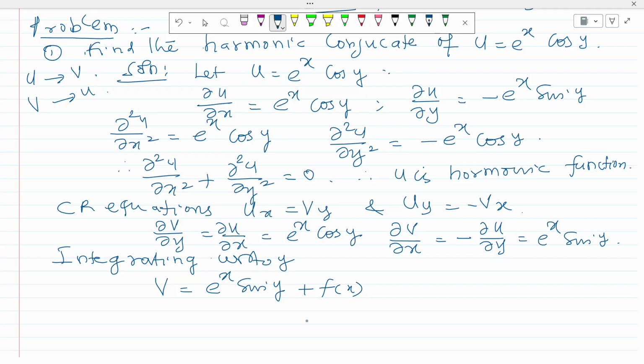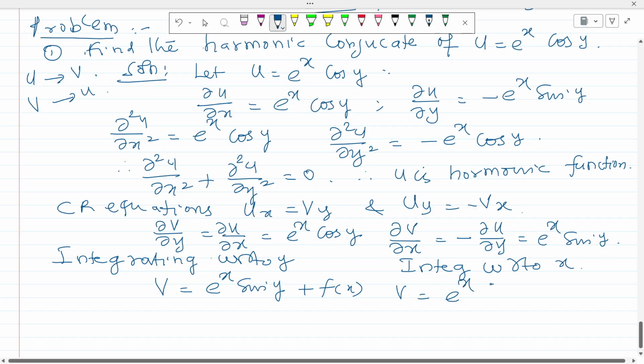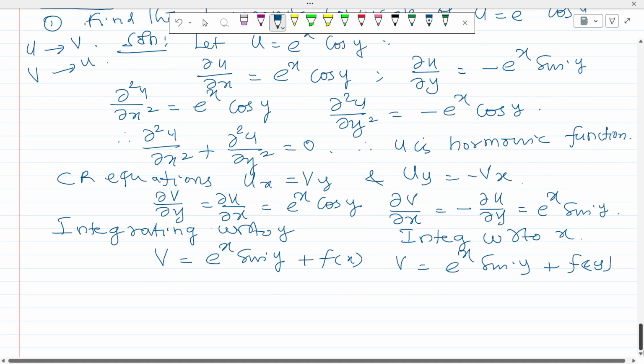You are integrating partially, na? So v equal to e power x sin y plus some f of x. Similarly, if you integrate with respect to x, v equal to e power x sin y plus some function of y. Is it not? So what is common here? v equal to e power x sin y.